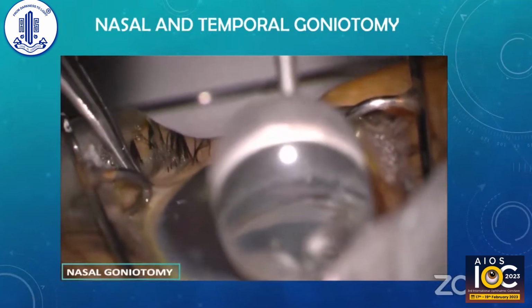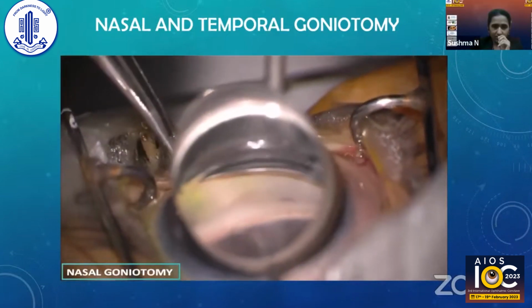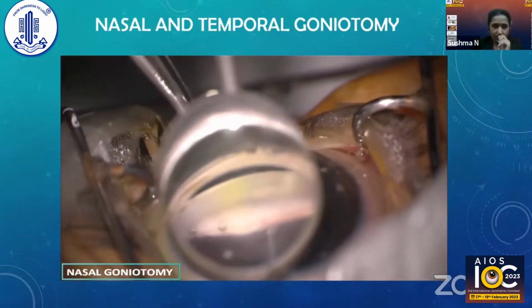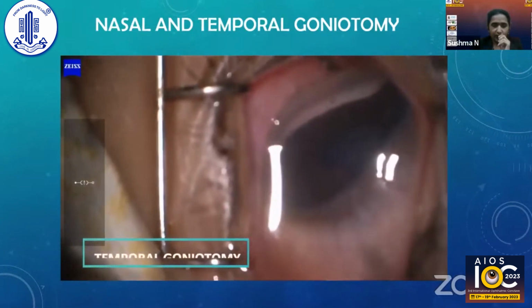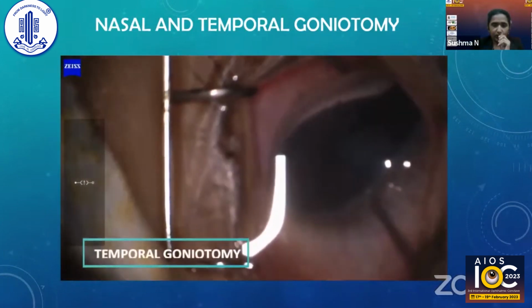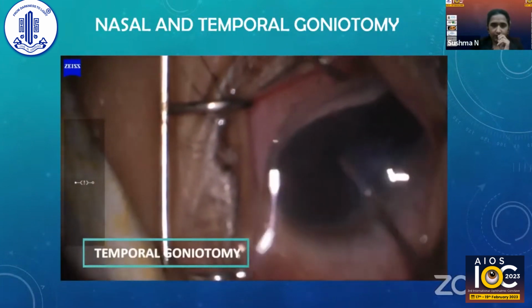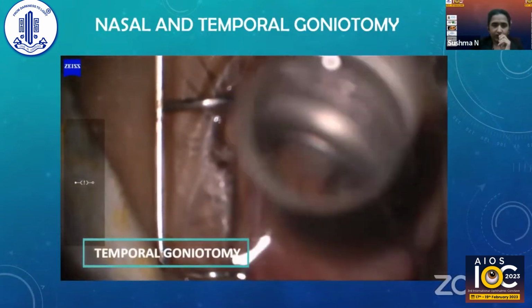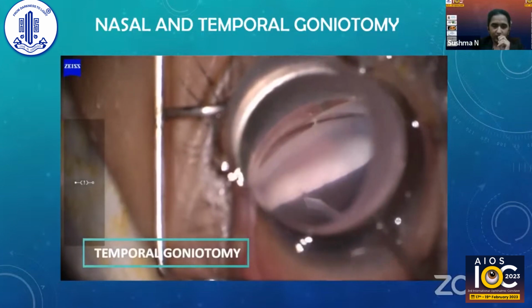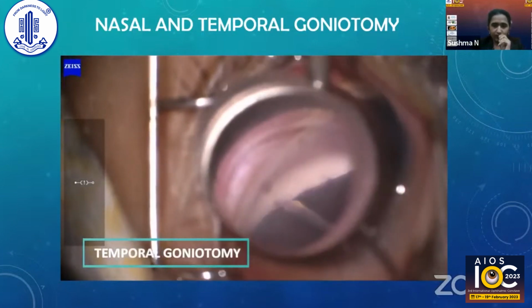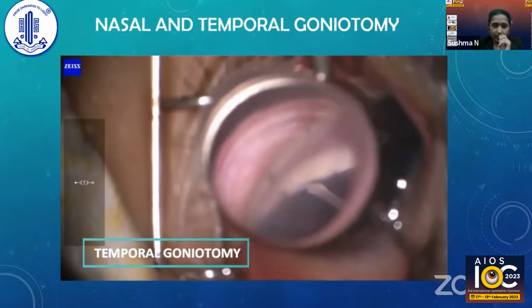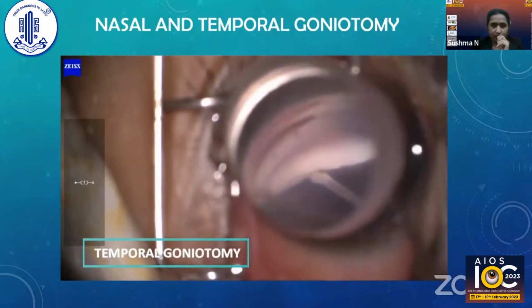So now we are seeing the nasal goniotomy being performed, in which after making the side port and with the use of this MVR blade, the goniotomy is done just above the insertion of the iris. Now similarly, the temporal goniotomy is going to be performed. In this, we have just changed the position from nasal to temporal.